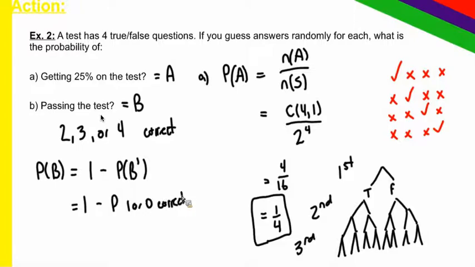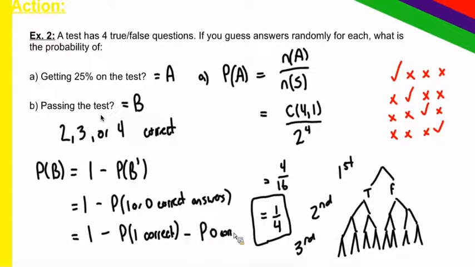And that is what represents B prime, or the complement of B. We already calculated the probability that we have 1 correct answer. That's our answer from part A. Our answer for the other one is just a quick calculation that we need to do separately.